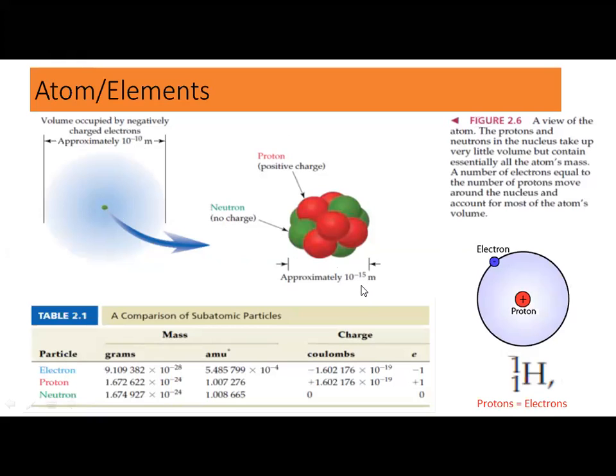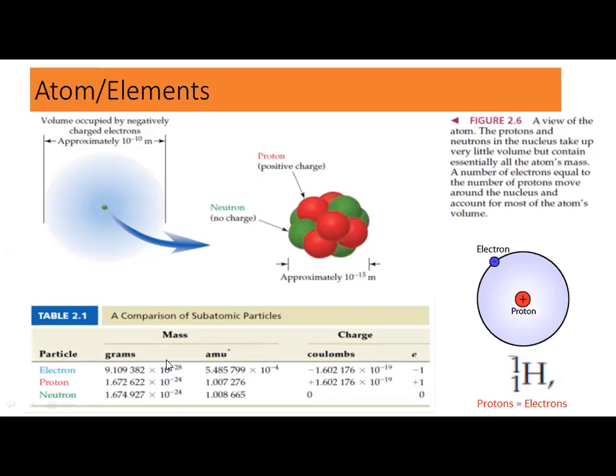So the nucleus is about 100,000 times smaller as compared to the size of the extranuclear part. And what are the subatomic particles present in the nucleus? These are the protons and the neutrons.